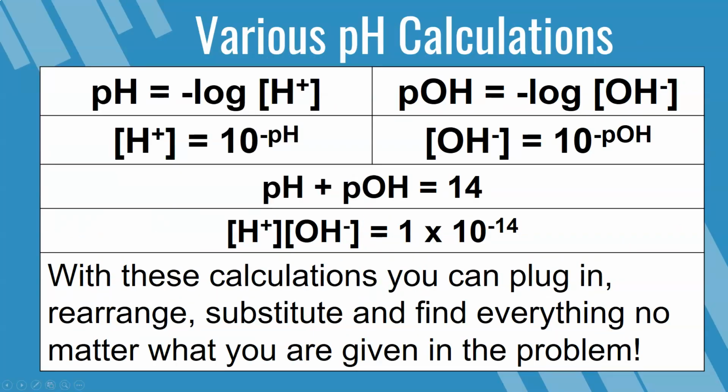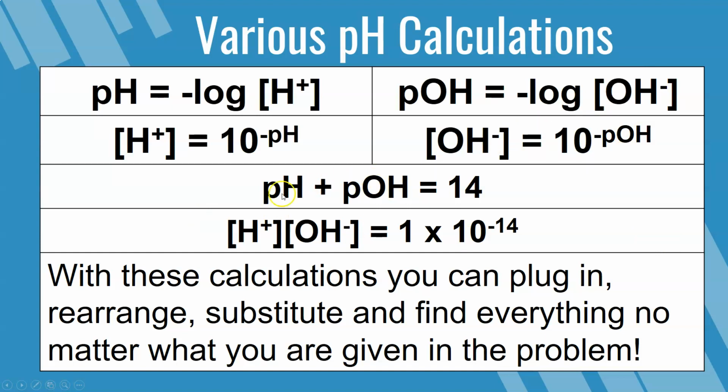So here are a bunch of calculations we can do. If you know the concentration, you can find the pH. If you know the concentration of hydroxide, you can find the pOH. If you know the pH, you can find the concentration. If you know the pOH, you can find the concentration of this.